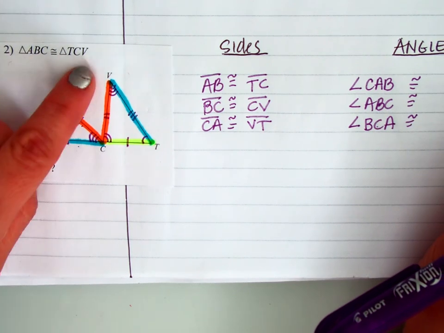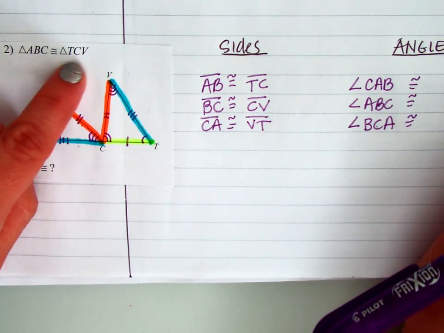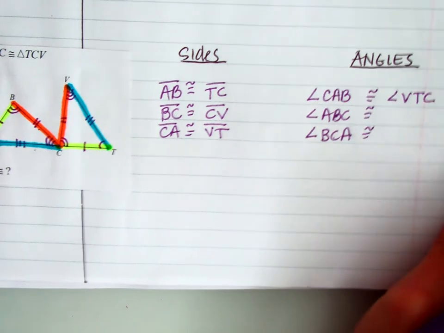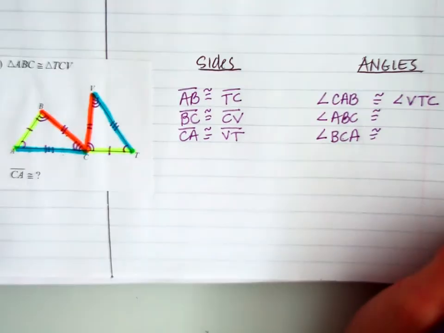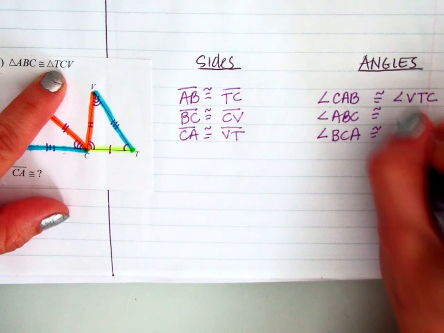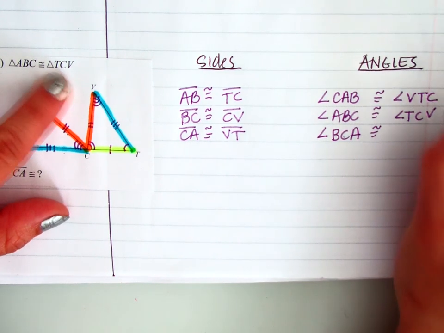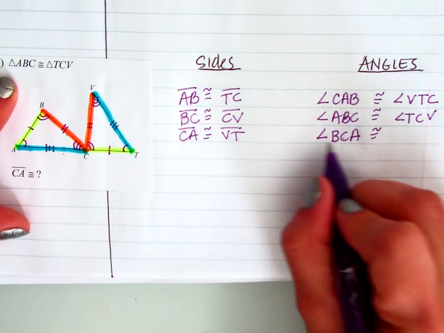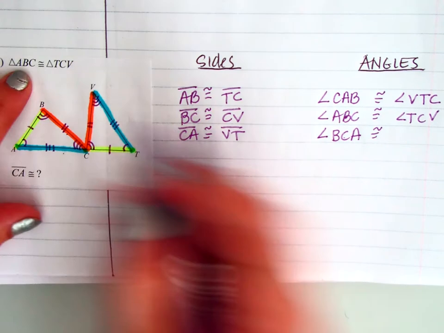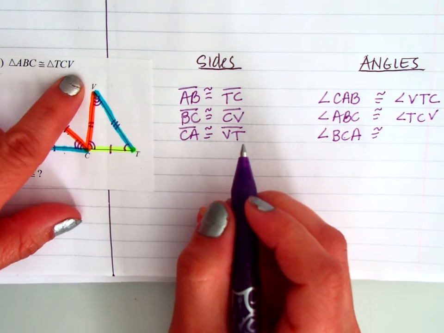CAB corresponds with VTC. So angle VTC. And your order matters, okay? Looking at triangle ABC, ABC matches up with angle TCV. And then for angle BCA, it matches up with CVT.